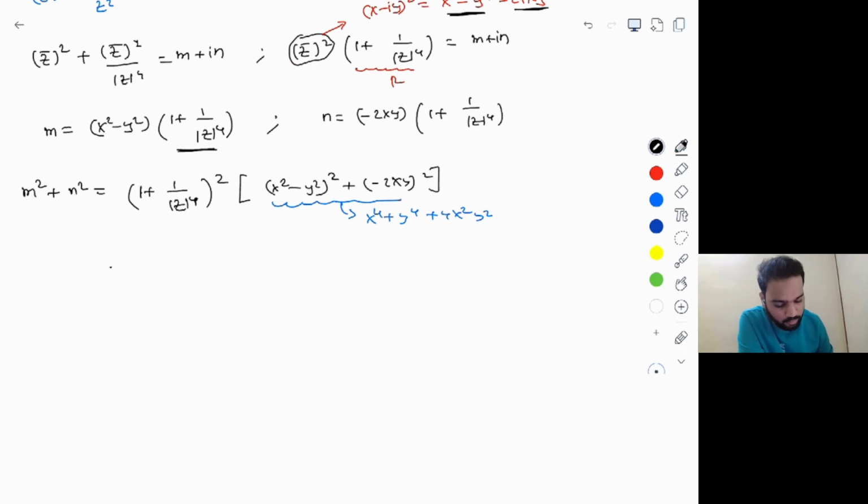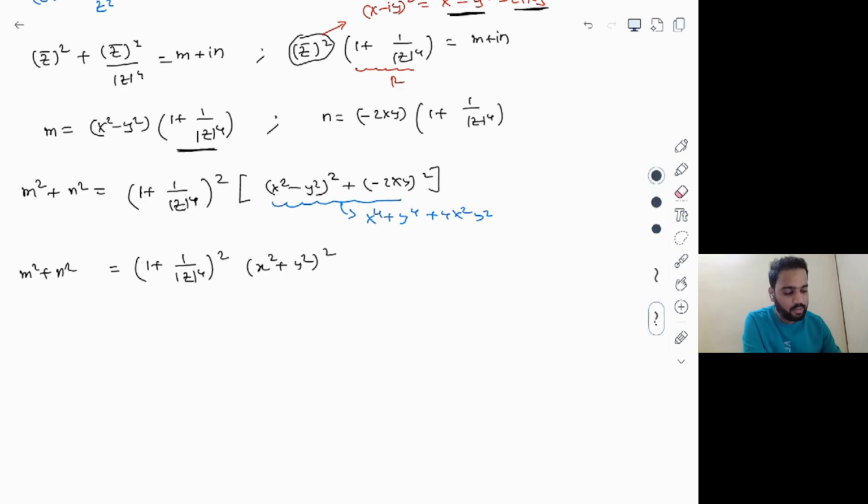So let me write down. This is equal to 1 plus 1 divided by mod z to the power of 4 whole square multiplied by, now the remaining part is directly a perfect square, that is x square plus y square whole square. Okay, and this is the value of what? M square plus n square.